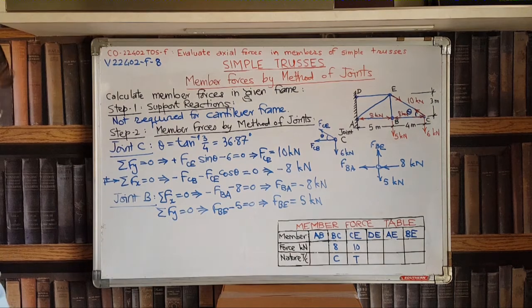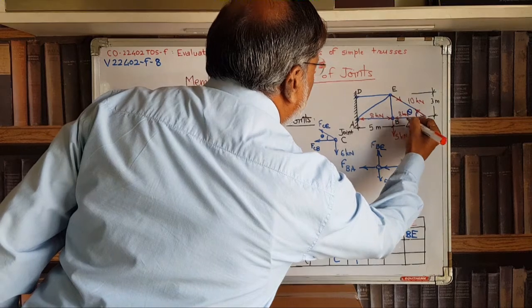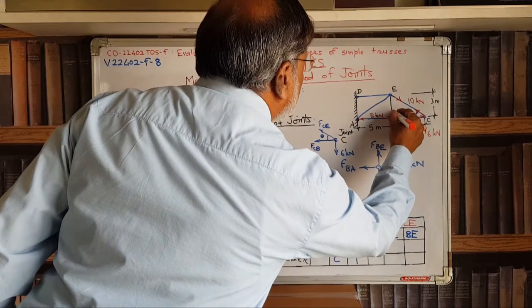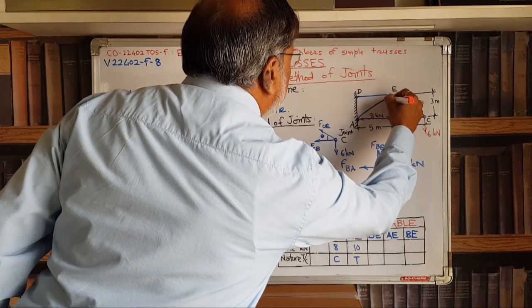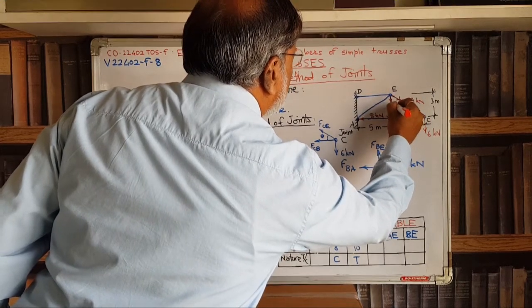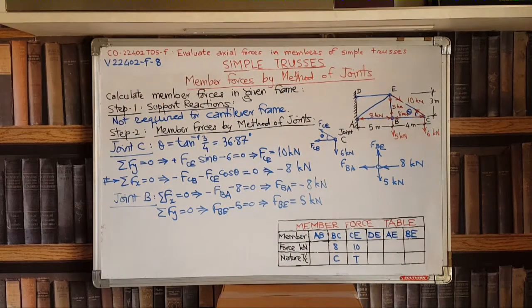So the assumed direction is correct. It's a very simple joint. Assumed direction is correct. That means the assumed direction is away from the joint. So this is like this and this is like this. So this is 5 kilonewton. So we get both the forces easily in this joint.